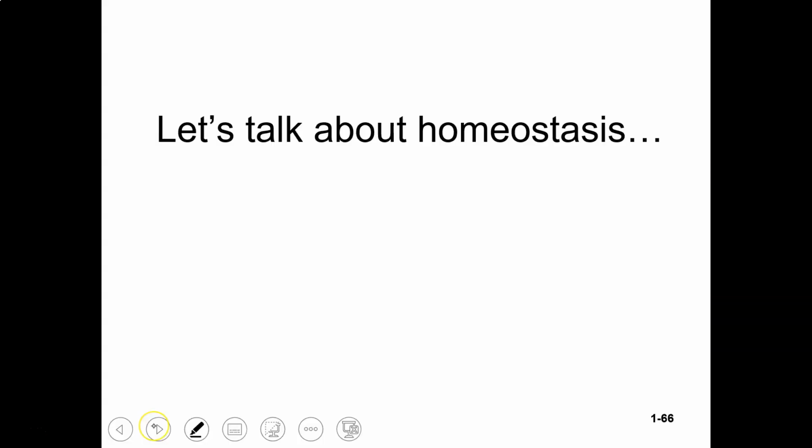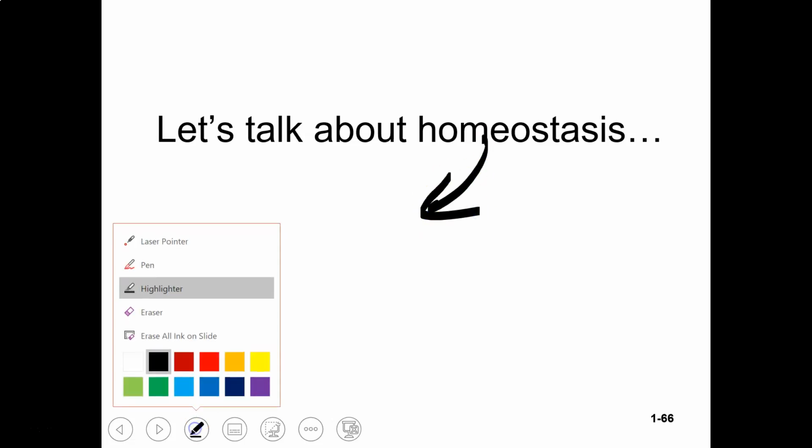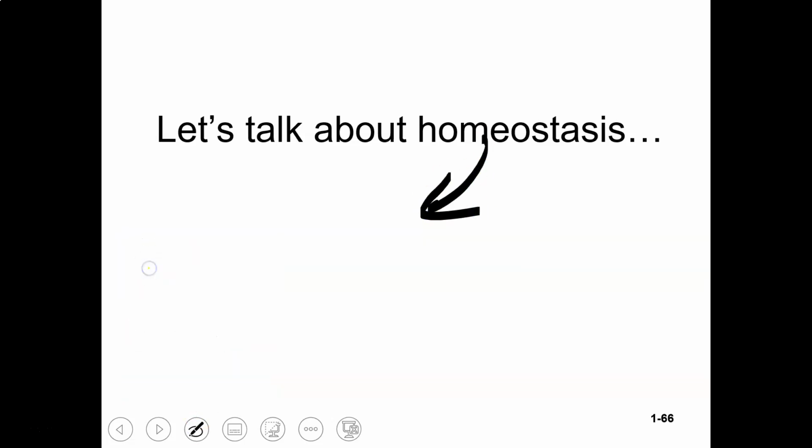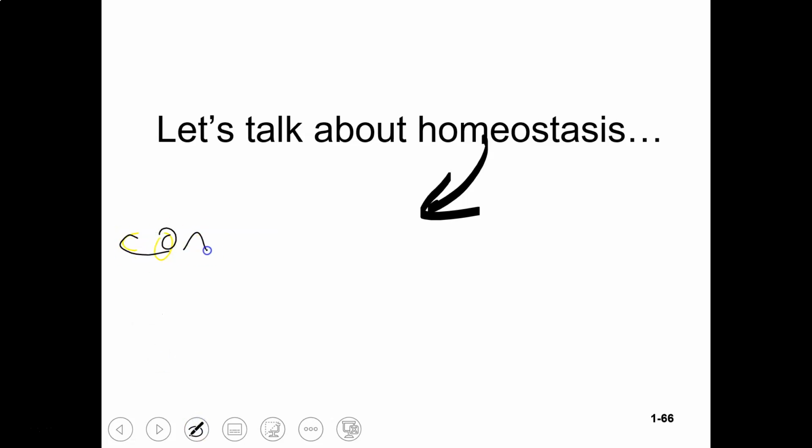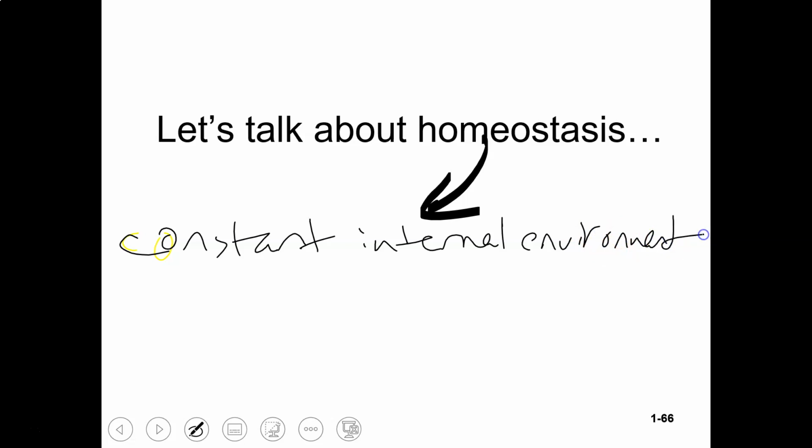So to wrap this up, let's talk about homeostasis. Homeostasis means that we are maintaining a constant internal environment. It's kind of the goal of your physiology.